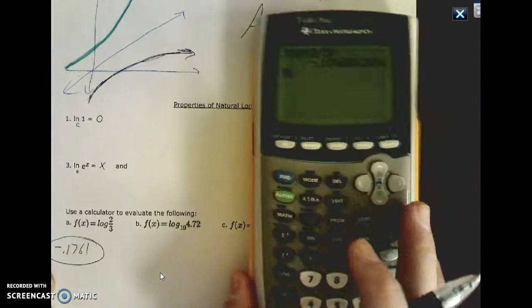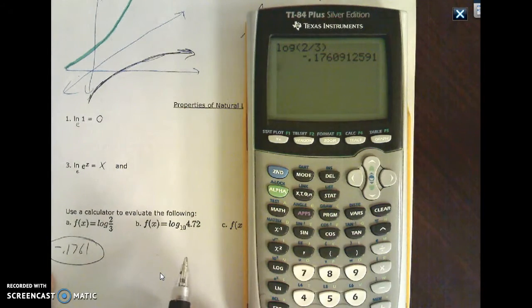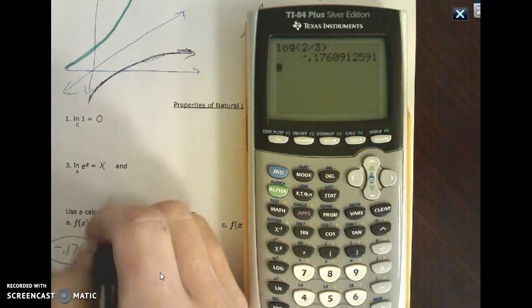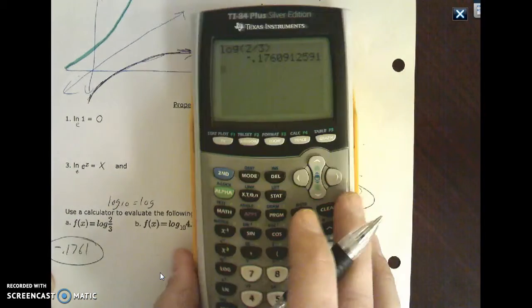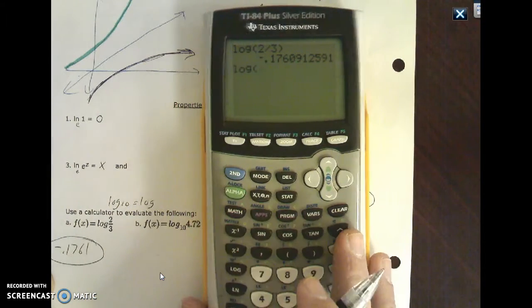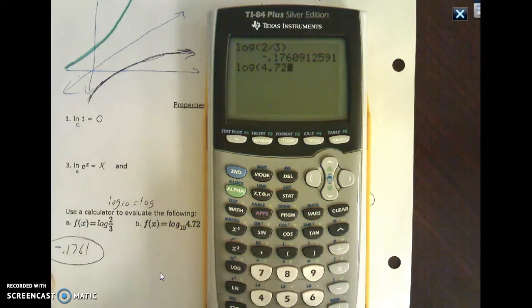I can go down the line. Log base 10 is the same thing as log, so you might want to make a note of that. Log base 10 is equal to just regular old log. So I got my log button again here, and I'm going to type in 4.72, 0.6739.